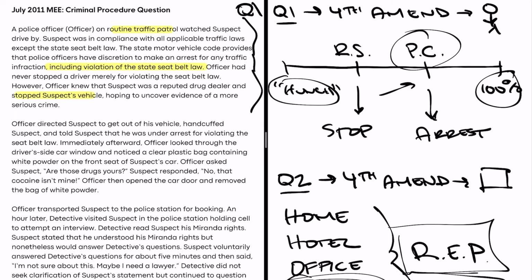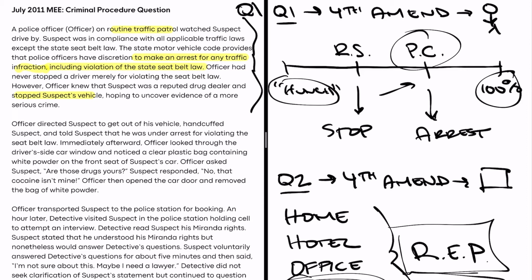If a person drives by without a seatbelt on and the police officer personally observes this, then he's got probable cause to believe criminal activity is afoot. He can absolutely stop that car and make an arrest if the state seatbelt law says he can do so, which it does. The state motor vehicle code provides that police officers have discretion to make an arrest for any traffic infraction, including violation of the state seatbelt law.